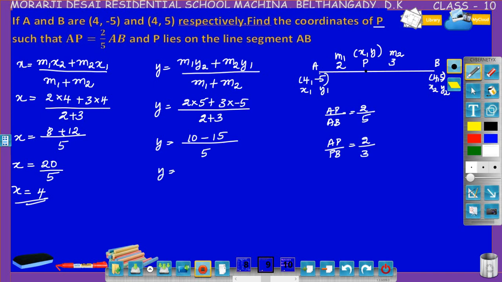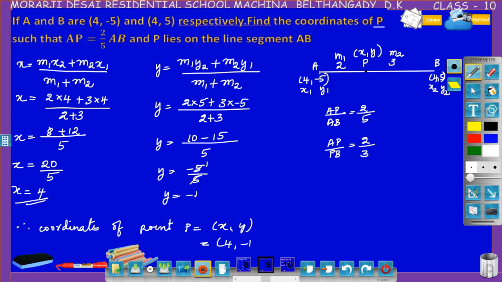So y is equal to 10 minus 15 is minus 5 by 5. So y is equal to minus 1. Therefore, coordinates of point P, we have taken it as x comma y, that is equal to 4 comma minus 1. These are the problems related to finding the coordinates of a point by using section formula.